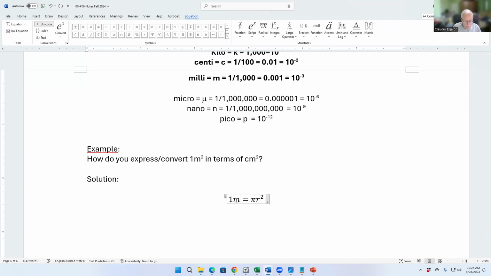Okay, so 1 meter square, right, we have to change this meter square in terms of centimeter square.